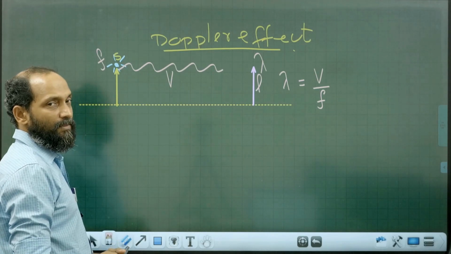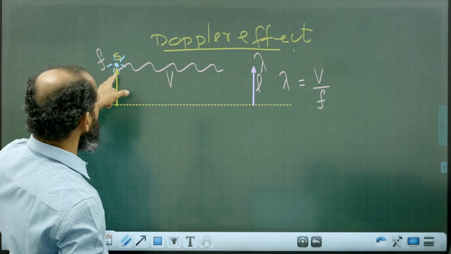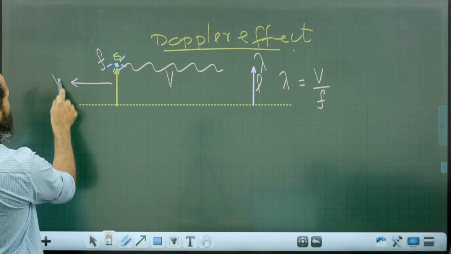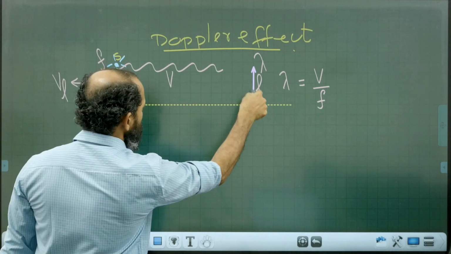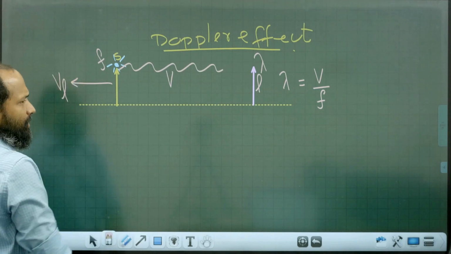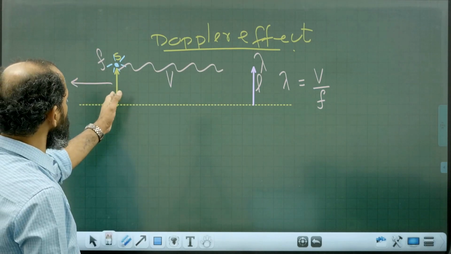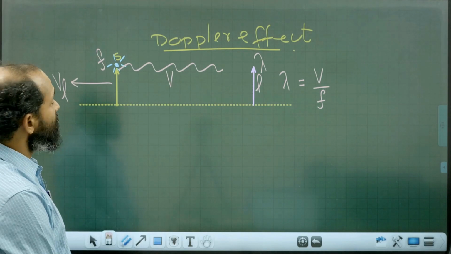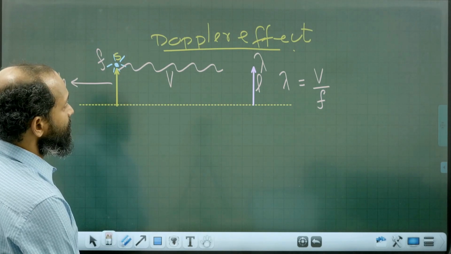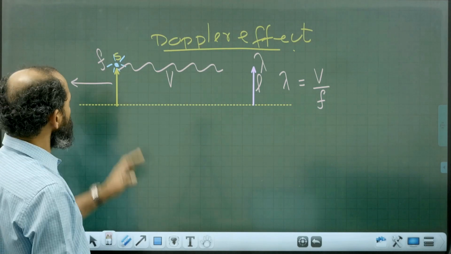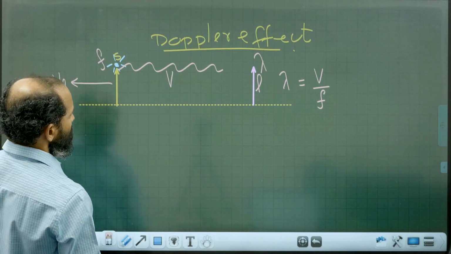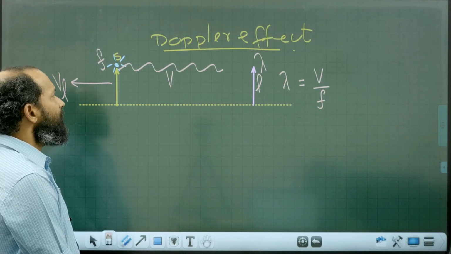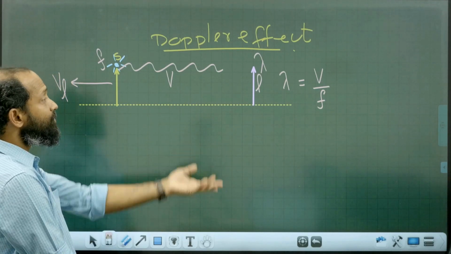Now assume that the source is moving away from the listener with a velocity Vs. Then, as the source is moving away, the listener hears a reduced frequency and an increased wavelength.